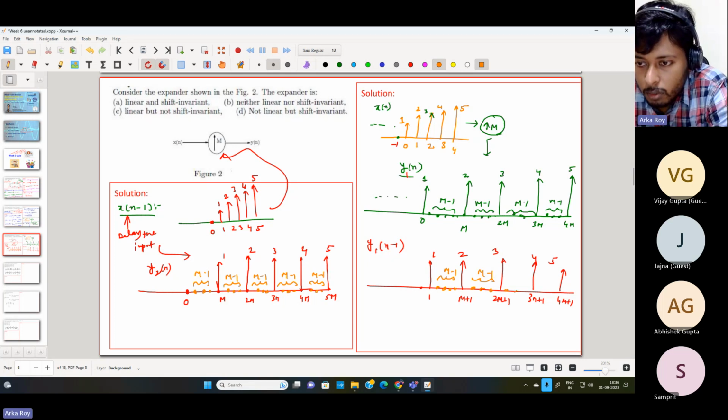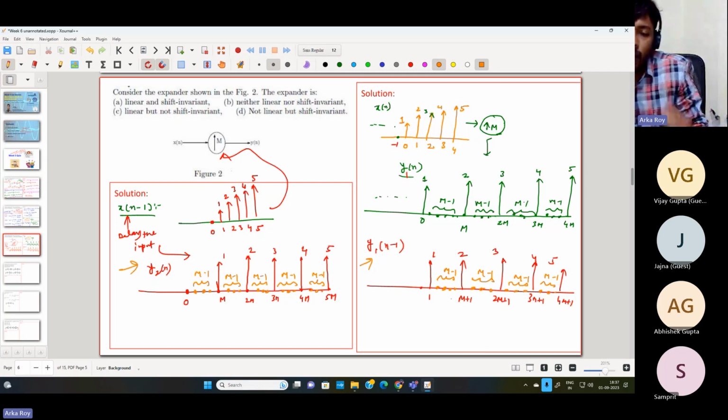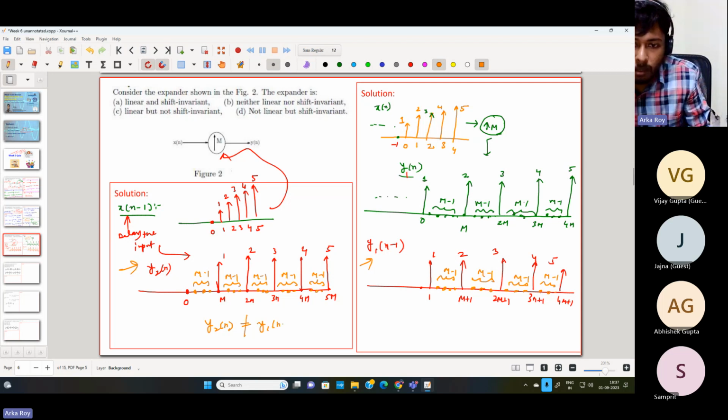If we compare y2 of n and y1 of n minus 1, we can see these two signals are different because the index locations where the values occur are different. Therefore, y2 of n is not equal to y1 of n minus 1.